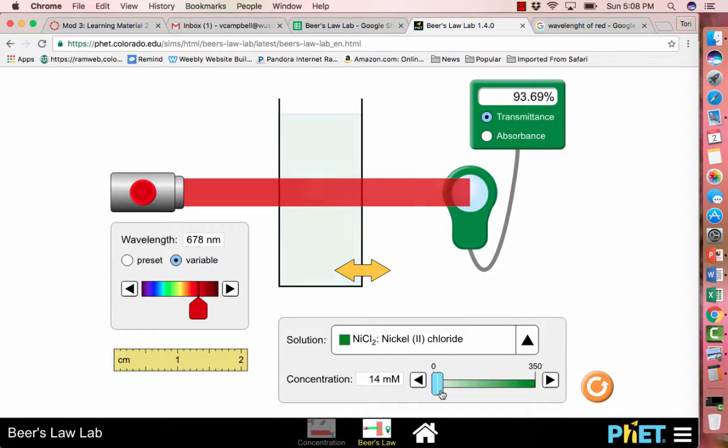As I increase concentration, my transmittance is going to decrease, showing an inversely proportional relationship. As concentration goes up, transmittance goes down. And that's because that light is being absorbed, therefore not as much of it is being transmitted. So we have an inverse proportional relationship, and with absorbance and concentration, we would have a direct proportional relationship because they're going up together.